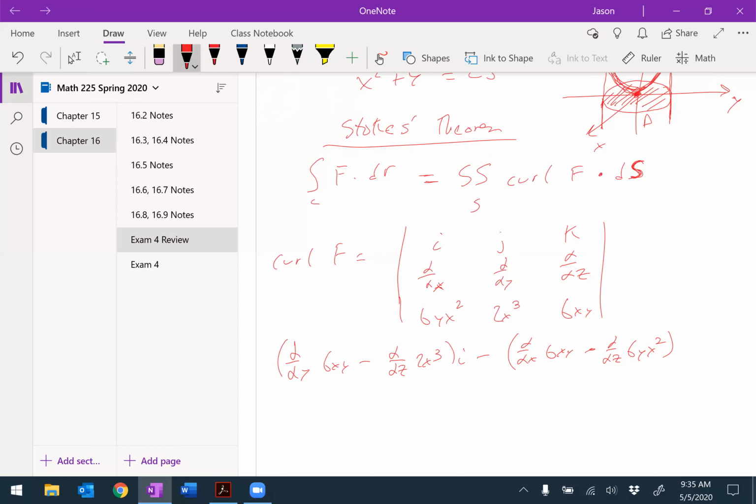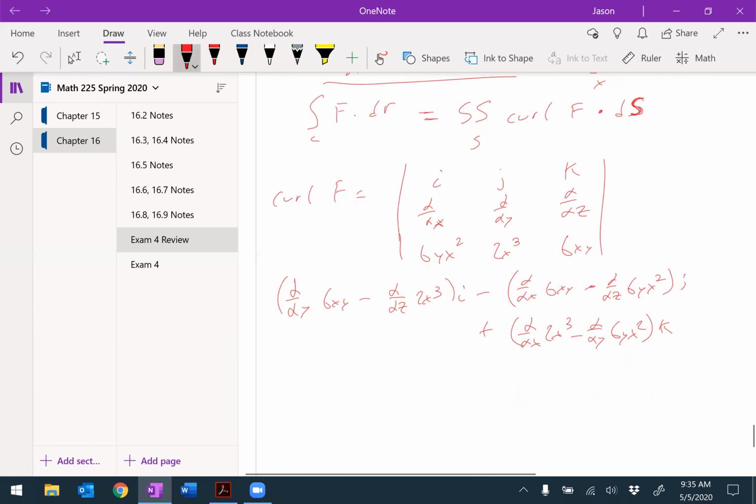Plus d/dx of 2x cubed minus d/dy of 6yx squared. Okay, this is j and that's k. Okay, let's see what we got here.